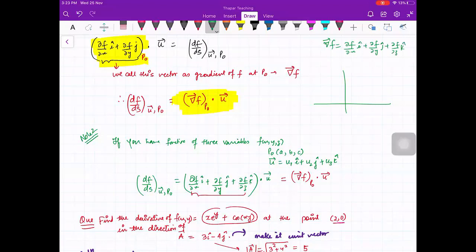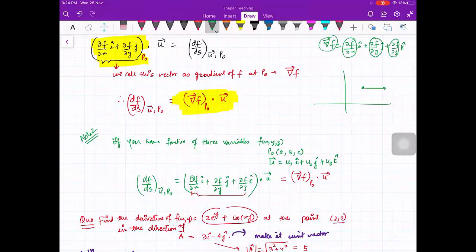So what we are doing here is, if you are standing at this point, this gradient vector is just the change in f when you move along x, the change in f when you move along y, and the change in f when you move along z. So this is what is depicted in the gradient vector.